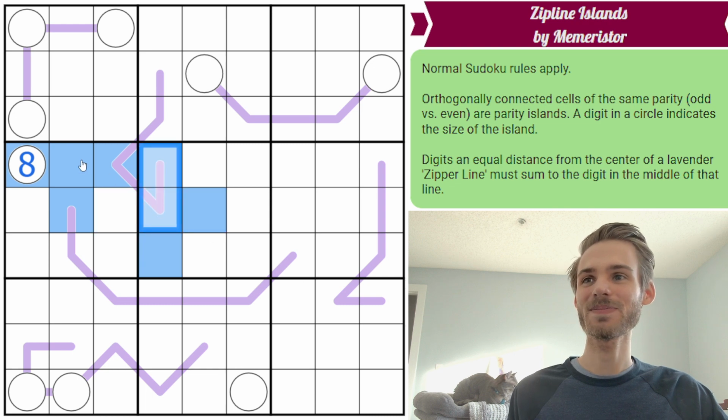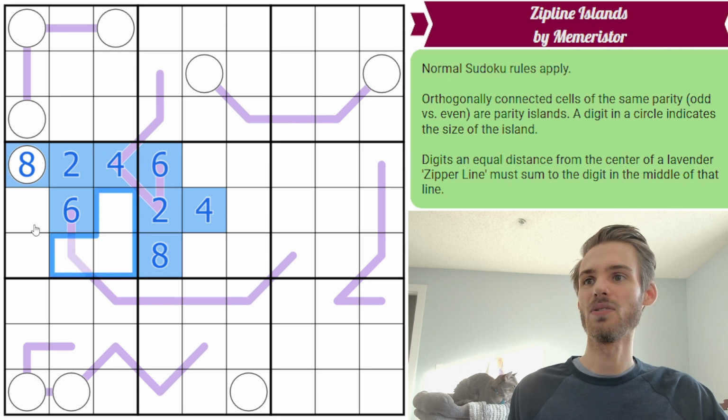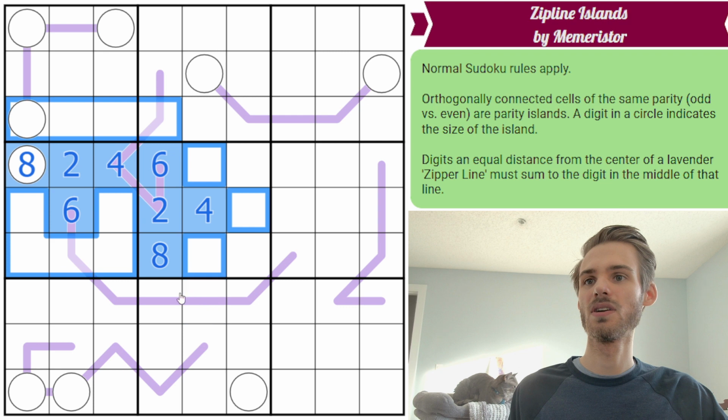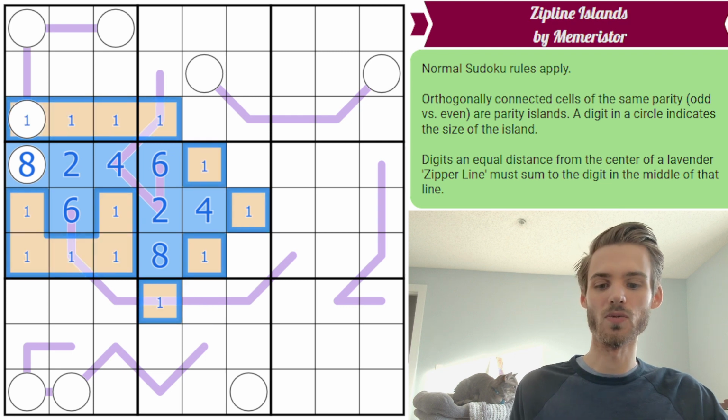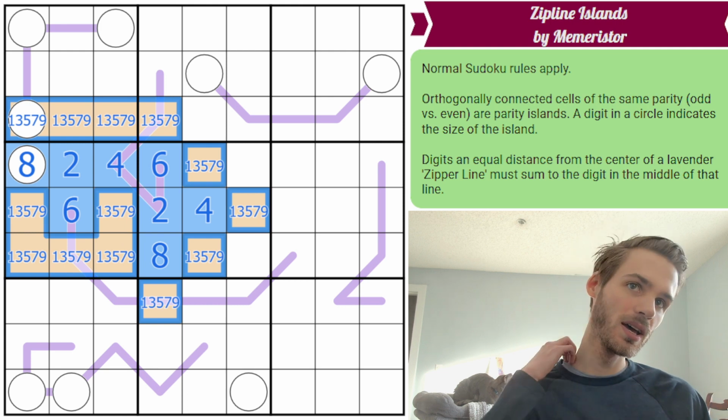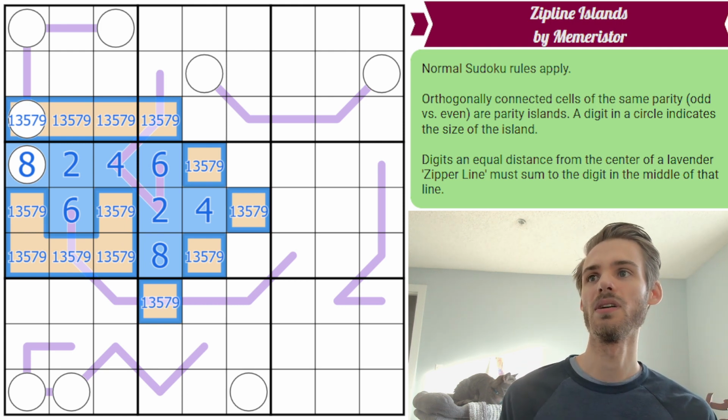There we go. So if we had something like 2, 4, 6, 6, 2, 4, 8, and then all of these digits around it were odd, so like 1, 3, 5, 7, and 9, then that would be a parity island of size 8.